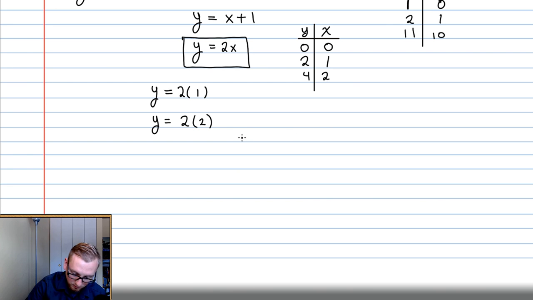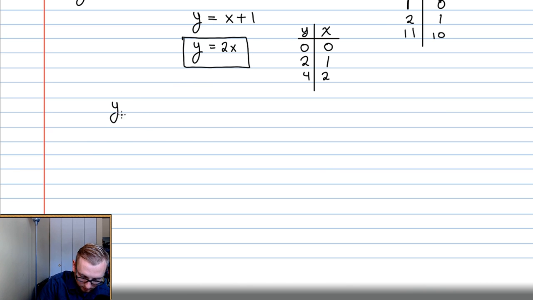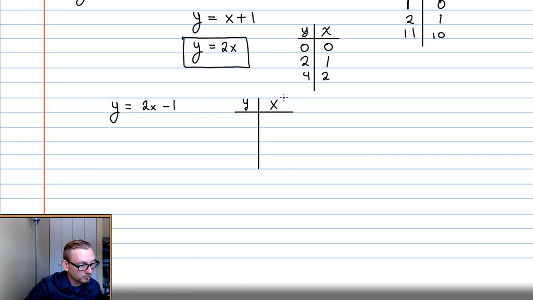Just to make sure you understand, we're going to have a new function. And our new function is just going to be y is equal to 2x minus 1. Okay? What happens if we plug in 0 for x?